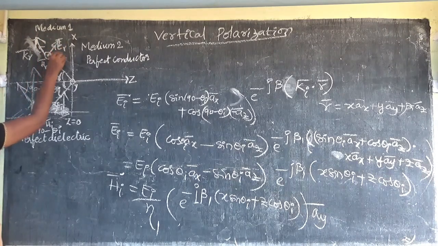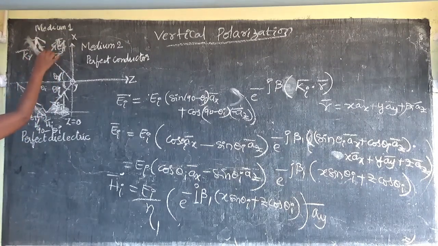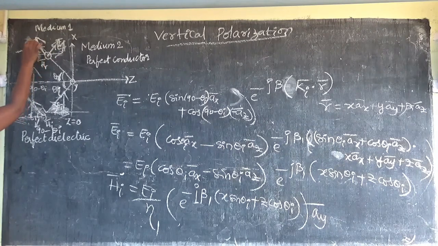So I will resolve it like this. In that way, you just practice. I will just write the equations here, I will write the Er bar and Hr bar. You try to resolve it.